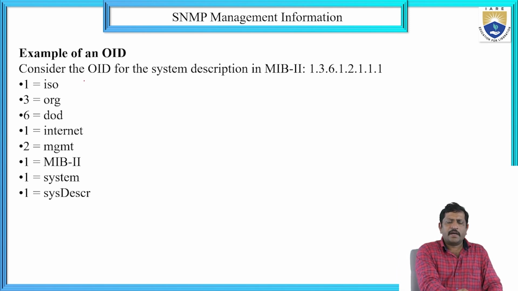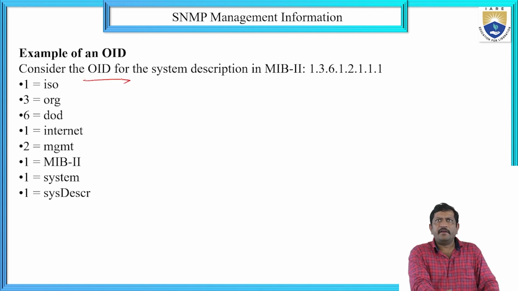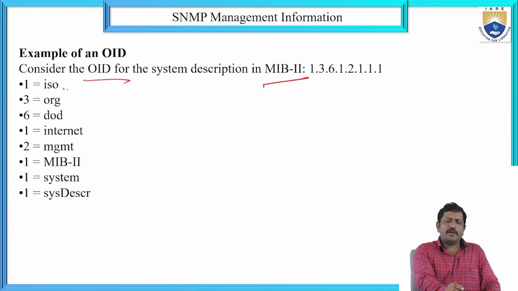Consider the OID for the system description in MIB2, the enhancement. The sequence number is 1.3.6.1.2.1.1.1. Here, dot 1 is ISO, International Standards Organization domain.